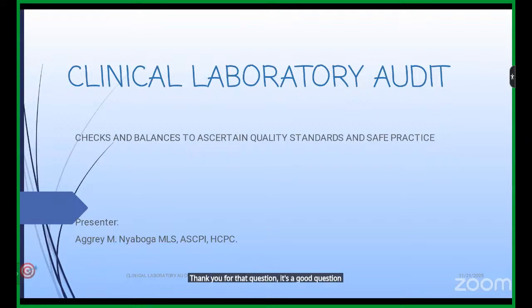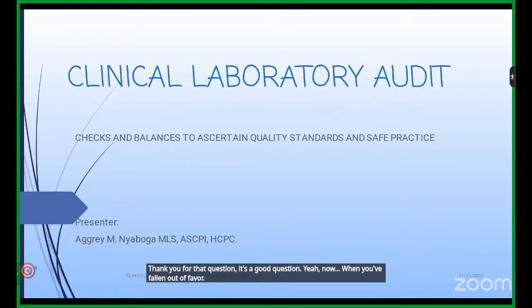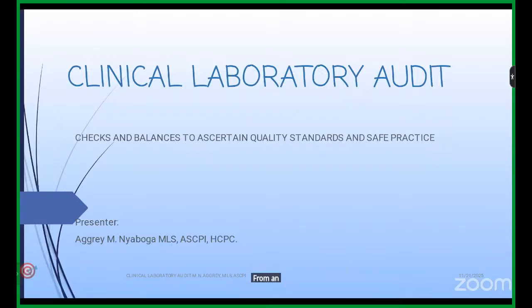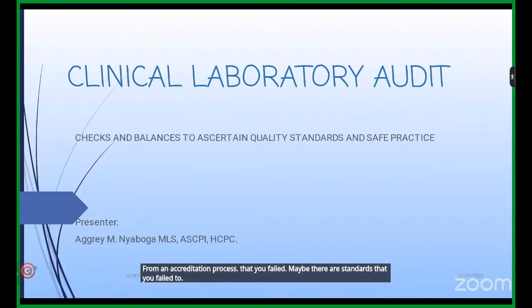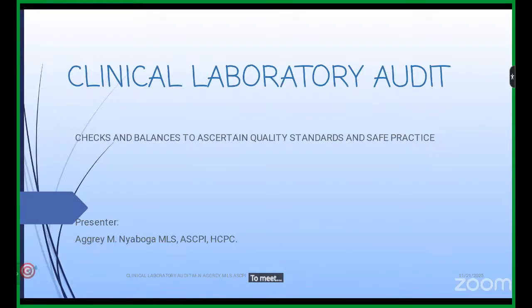Now, when you've fallen out of favor from an accreditation process that you failed, maybe there are standards that you failed to meet, the accreditation body sends a team of auditors to audit you to check for compliance.